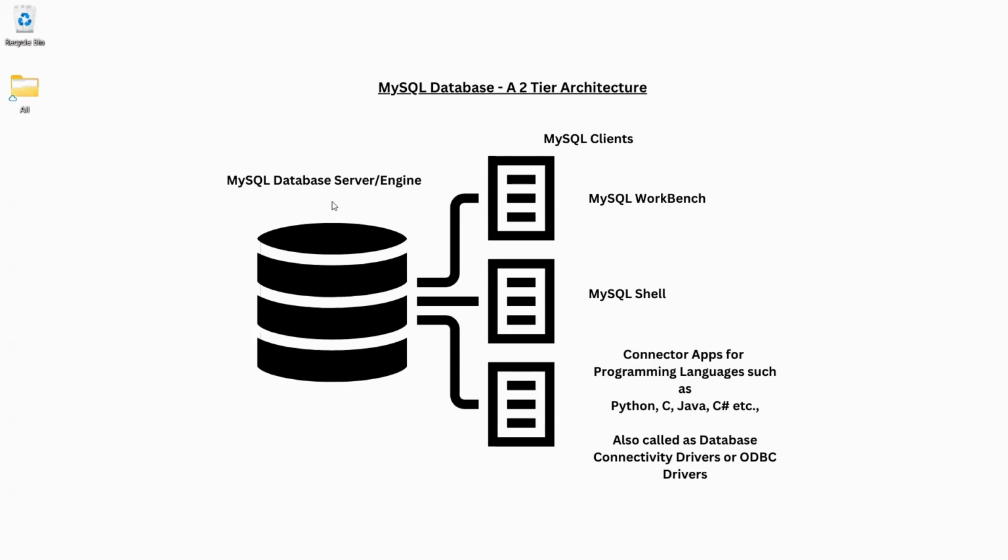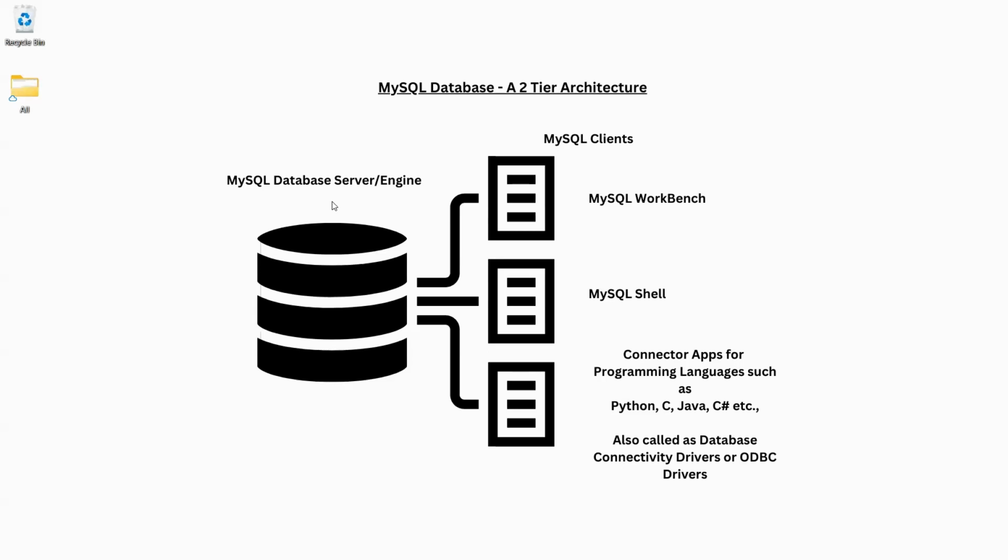So why is this product made as a two-tier or two-layered architecture? That is very simple. These two layers can be installed independently across different machines. For example, I can install the server in some other machine and I can install the client in my machine. Still, these two layers together can work and I am able to store the data and retrieve the data.